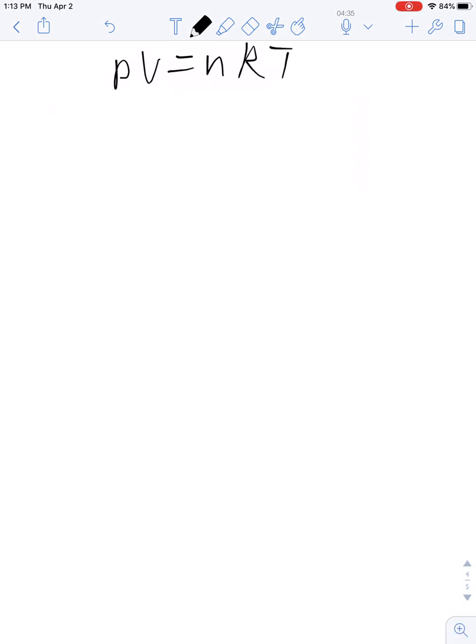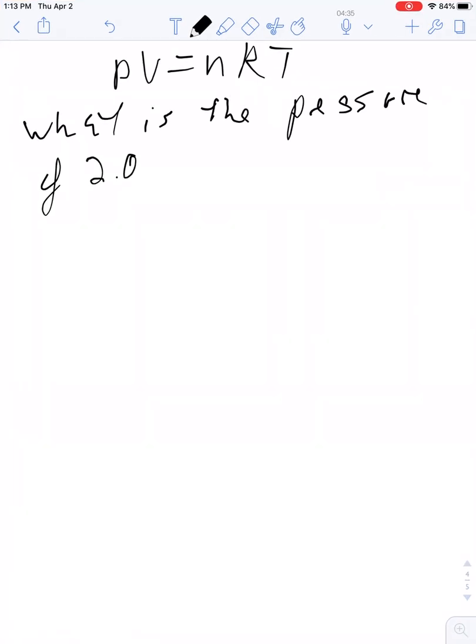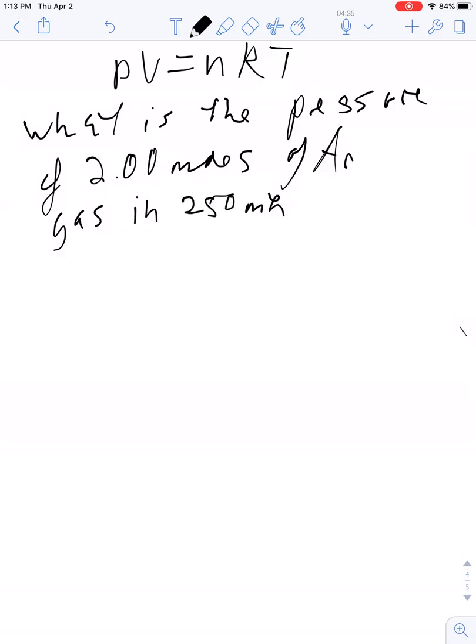So how about, what is the pressure of 2 moles of argon gas in a 250 milliliter container at 250 degrees Celsius? Okay? So we write down our info.